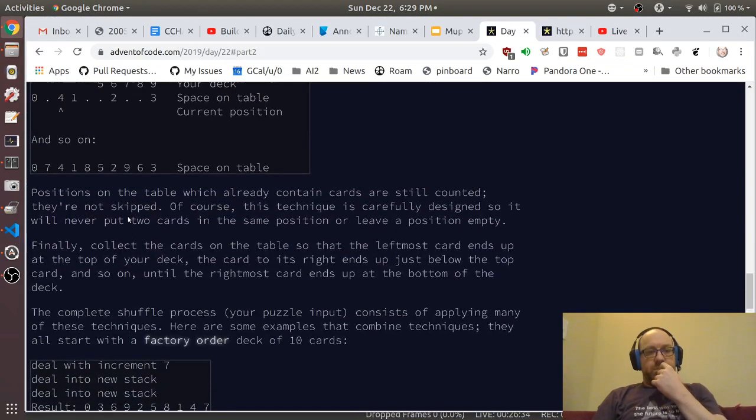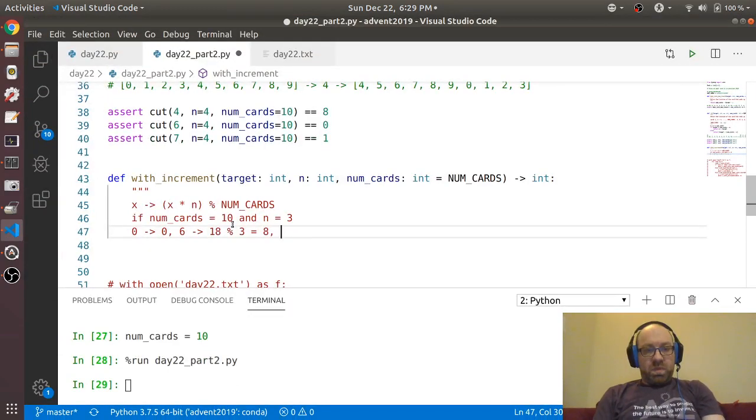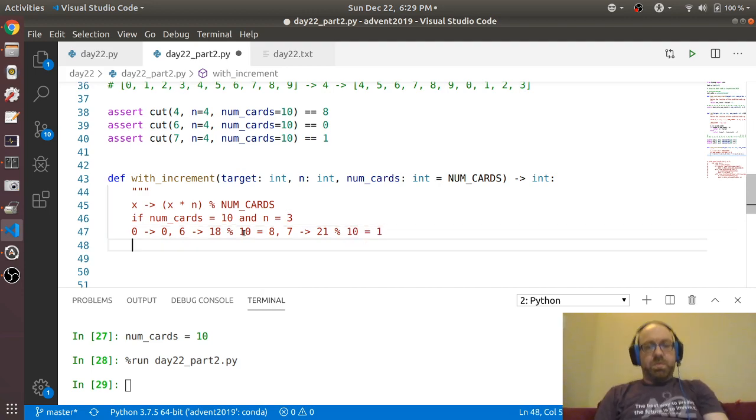And 3 goes to 3 times 3, which is 9. 7 goes to 21 mod 10 equals 1, and so on.